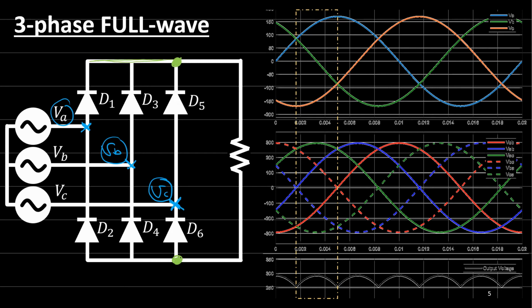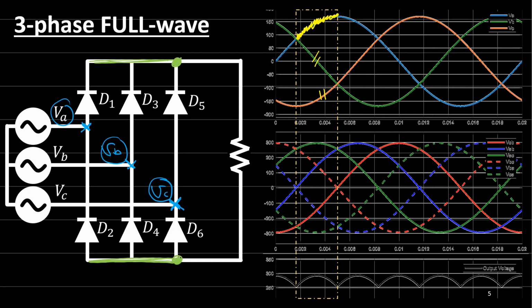Of course, this is the same node here. When VA is larger than VB and VC, what happens? Look at this waveform here, VA, the blue one. Here, this VA is larger than the green and larger than the orange one.